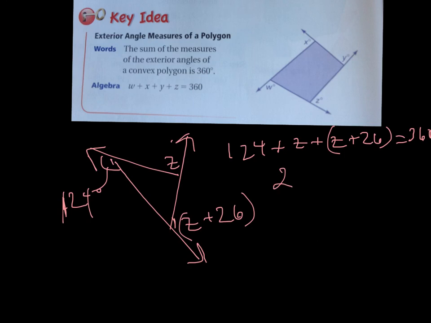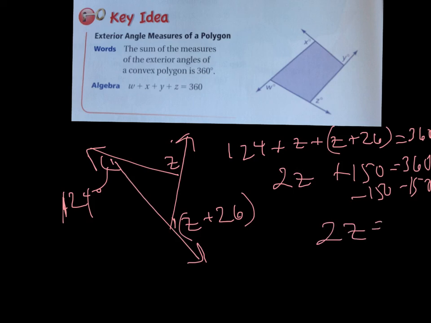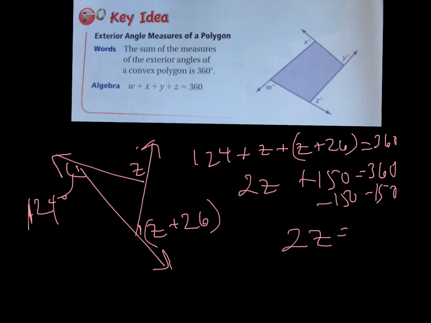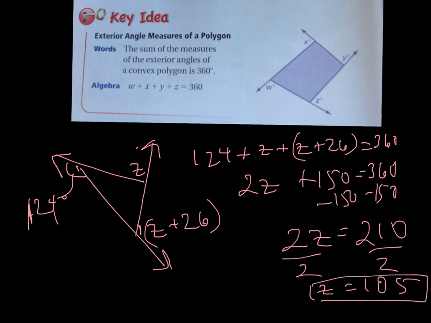And then you get 2Z plus 150 equals 360. Subtract 150 from both sides. You get 2Z equals 210, divide by 2, Z equals 105. And that would be your answer. Okay? So now you're going to try one, and then you will be done.